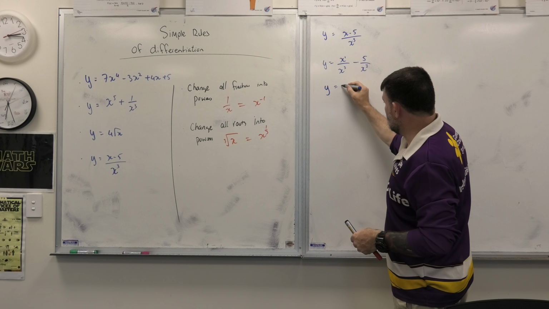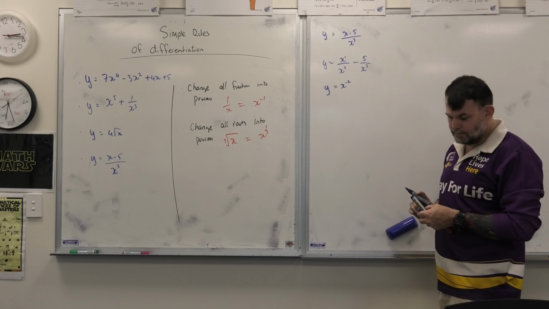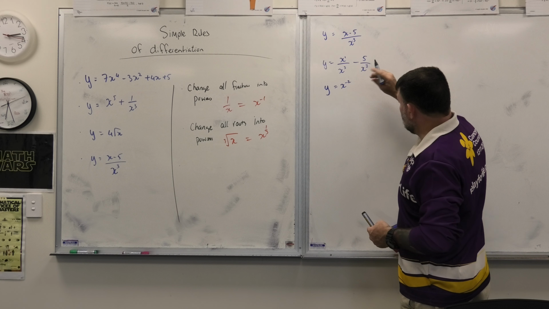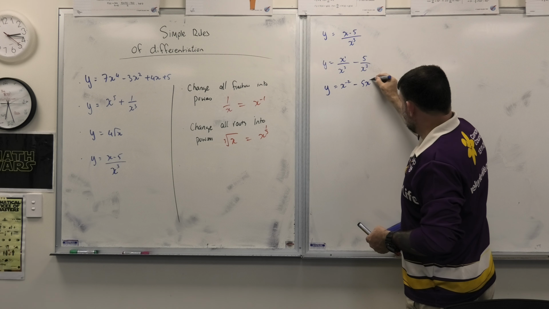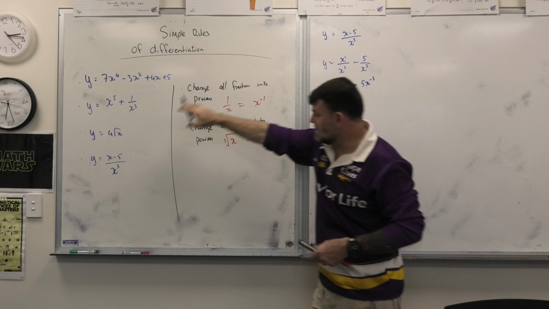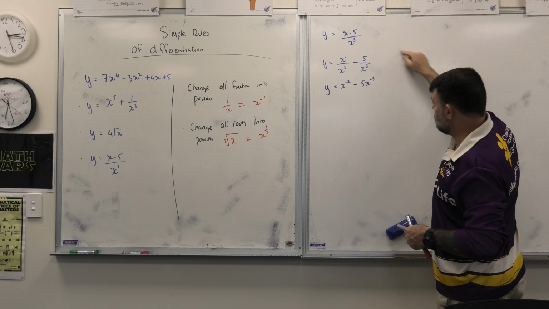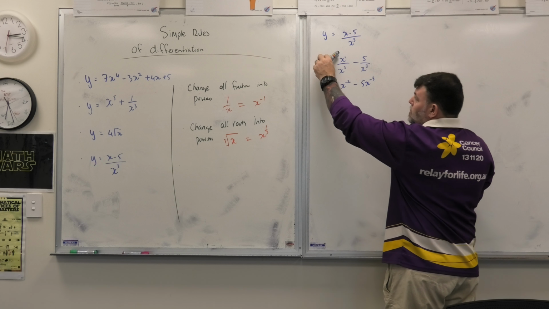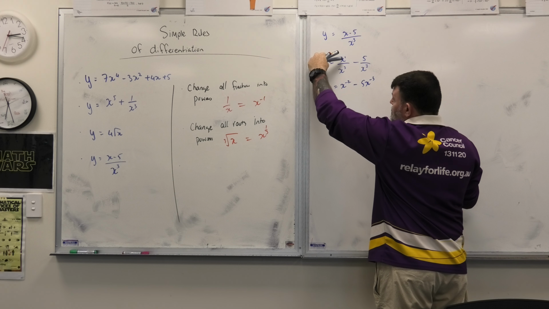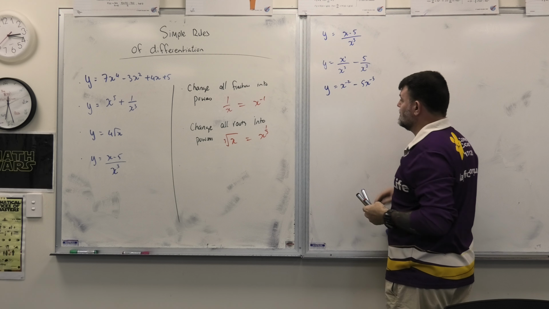So this here becomes x to the power of negative 2. And then we can bring this up because this is the same as what we did in this instance before. We've got something over x, so I can bring it up and write it as 5x to the power of negative 3. But this one here, because they're both x's, I'm just going to divide them out. And I get, when I subtract my indices, x to the power of negative 2.